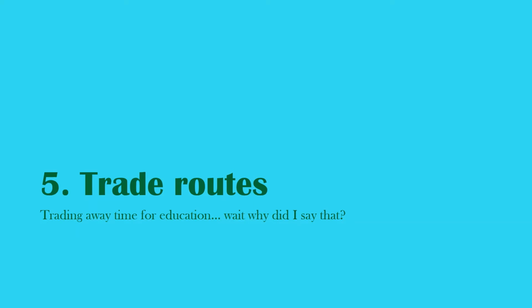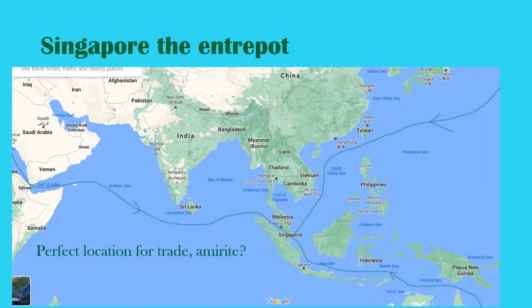So the last topic is trade routes. Trade routes, I think, are both based on physical geography and very much based on human geography. And I think I can always use Singapore as an example. Singapore was actually looked at by the British because it was in a very favorable spot amongst all of the countries. And that's how Singapore became an entrepot, and it's still a very significant trading port because it's in a very convenient location in between many trade routes and many countries.